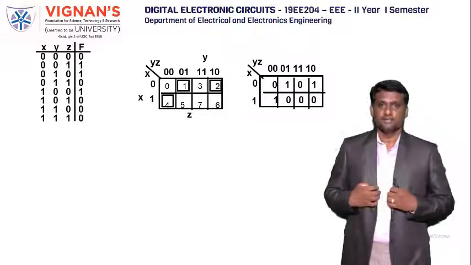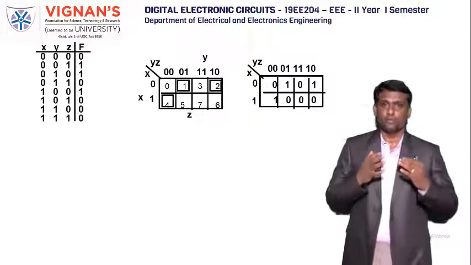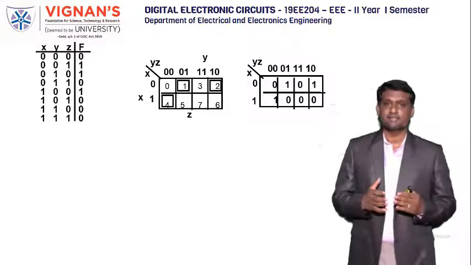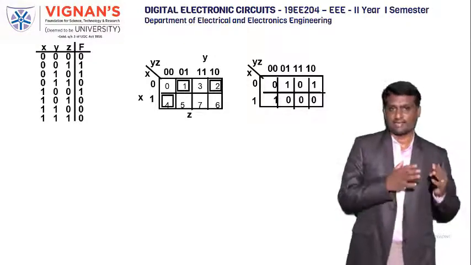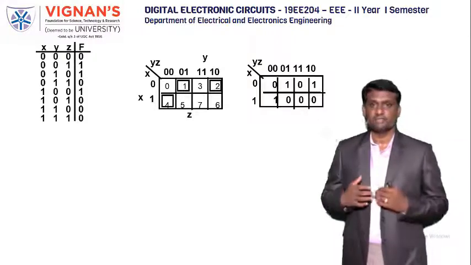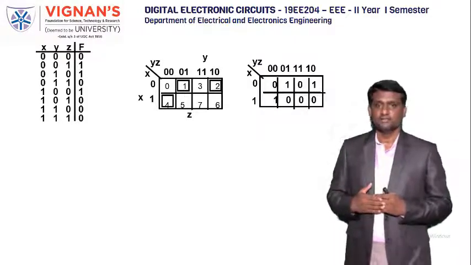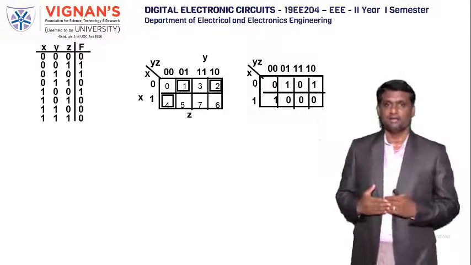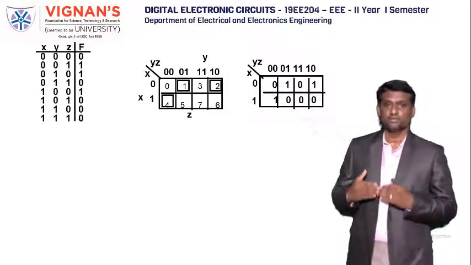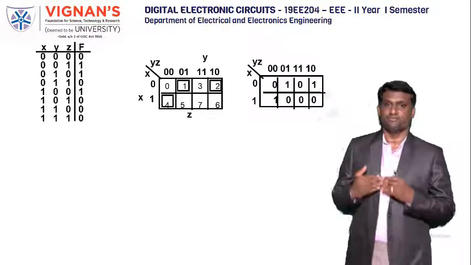That means the ones present in the output function are the only ones considered for the Boolean function representation. If you observe the truth table, the decimal numbers having output ones are 1, 2 and 4.